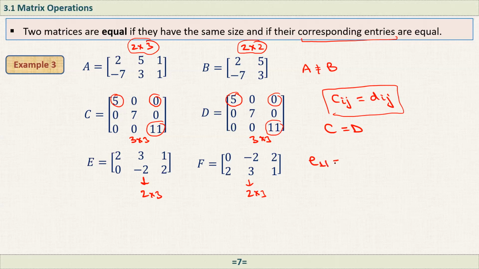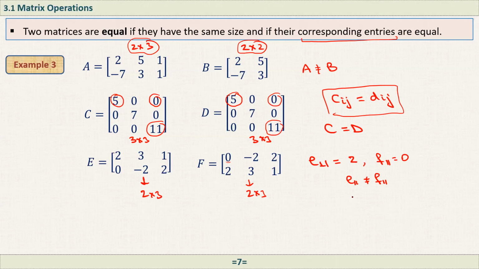E11 is equal to 2. And how about F11, the first entry, right? The first row in the first column, that's equal to 0. That means that E11 is not equal to F11. And the other entries, we don't have to check because all corresponding entries must be equal to each other for two matrices to be equal to each other.